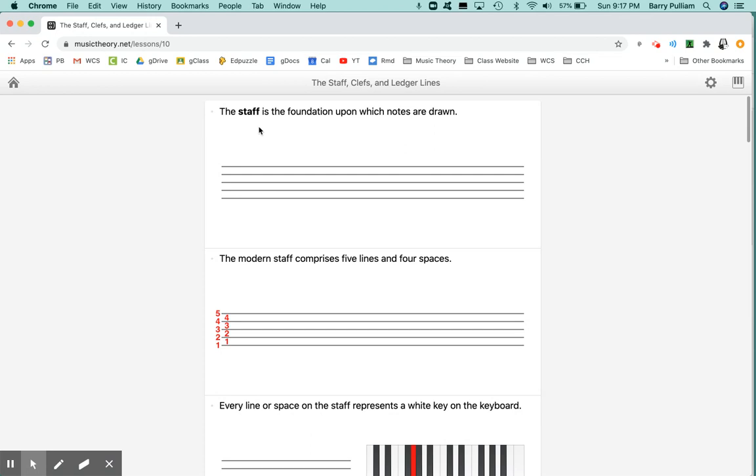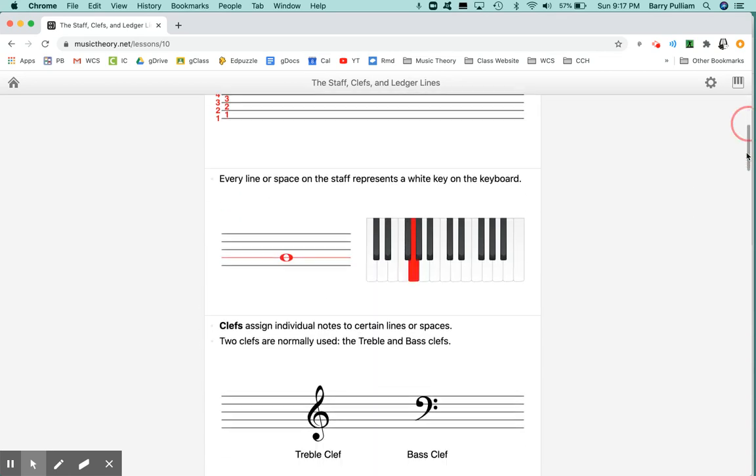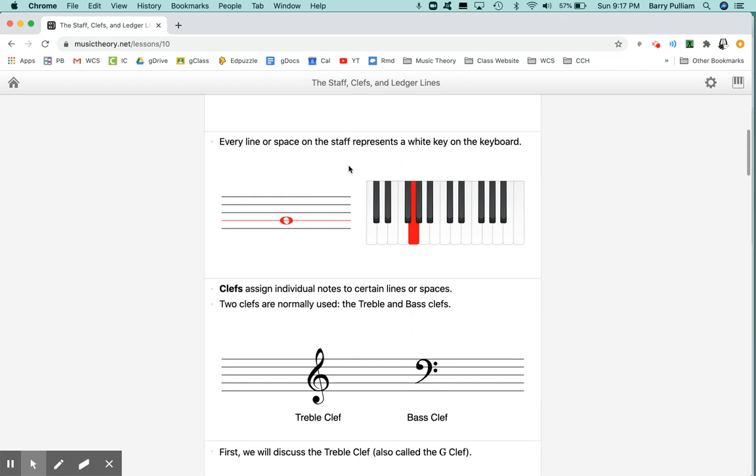They have: staff is the foundation upon which notes are drawn. The modern staff comprises 5 lines and 4 spaces, and they have it illustrated. Every line or space on the staff represents a white key on the keyboard. That is important. Here they're showing you that G on the staff is this key on the keyboard. That's a G. Now, this key is also a G, but it's this G up here.